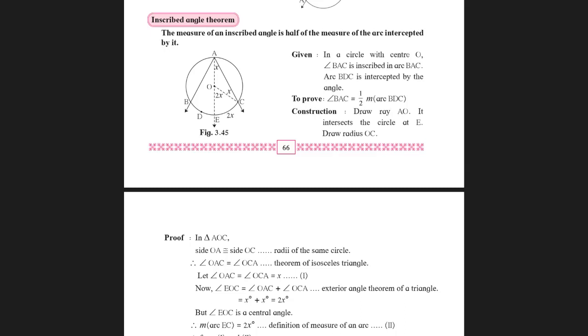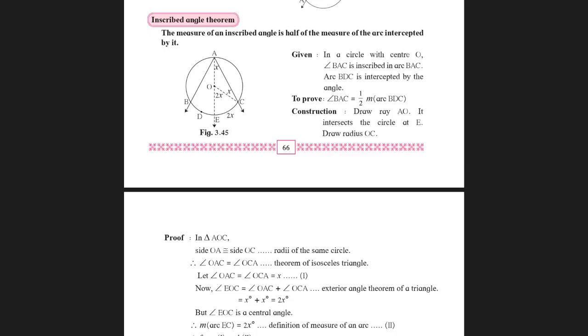Which arc is intercepted by this angle BAC? It is the arc BDC. And where is angle BAC inscribed? In the arc BAC. I hope, children, you are able to understand the difference between inscribed and intercepted.